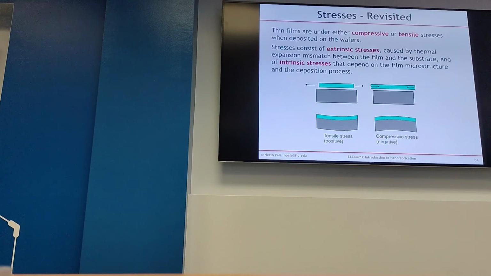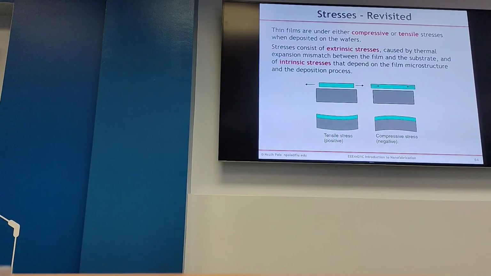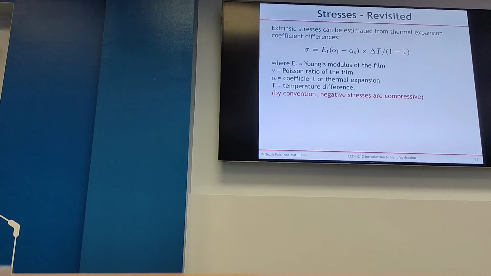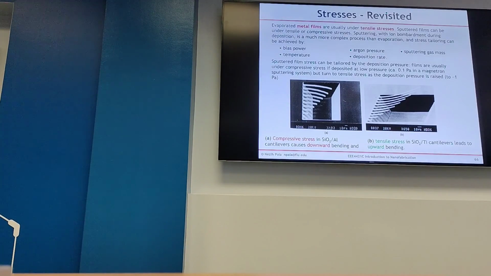If you have two materials, and especially they have different thermal expansion coefficients, one expands with temperature more than the other, and if your process or your application requires high temperature, then you may end up with this extrinsic stress, which may result in film failures.